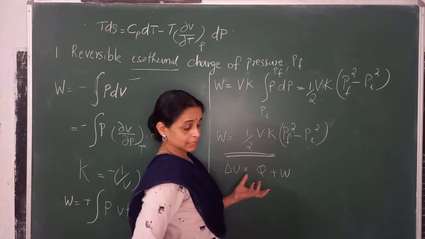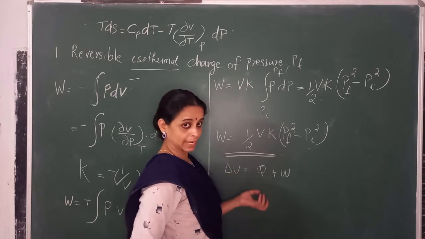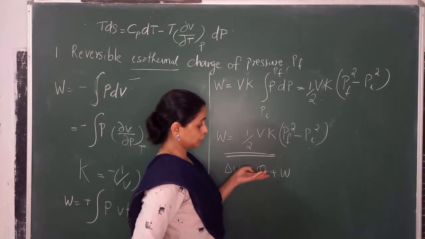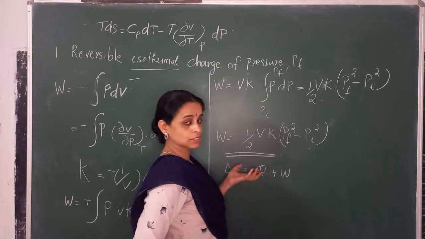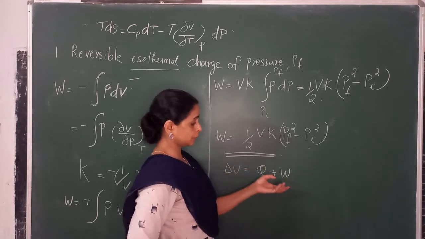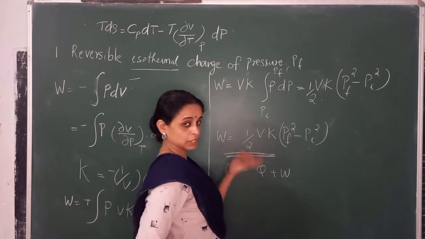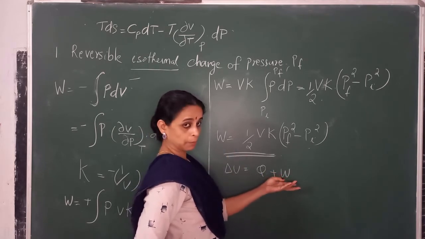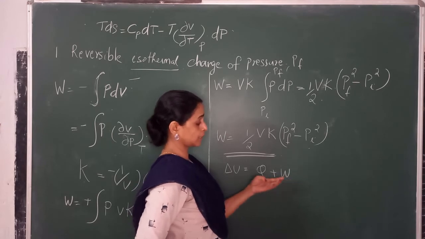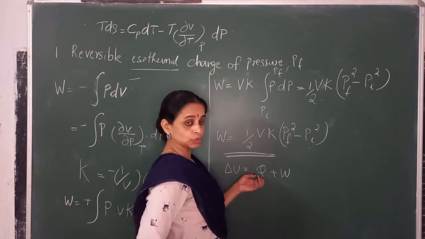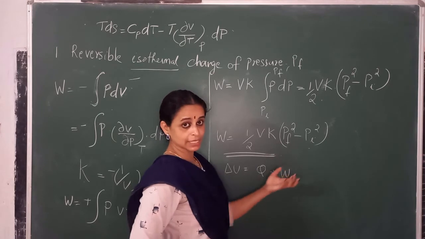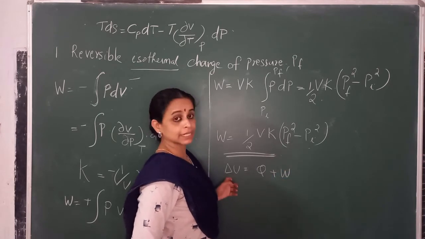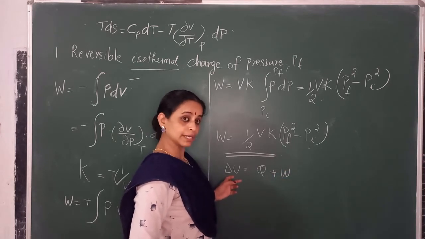So that quantity may be positive or negative. Sometimes you will get a positive work and negative Q. So depending upon which quantity is greater, the internal energy may increase or decrease.